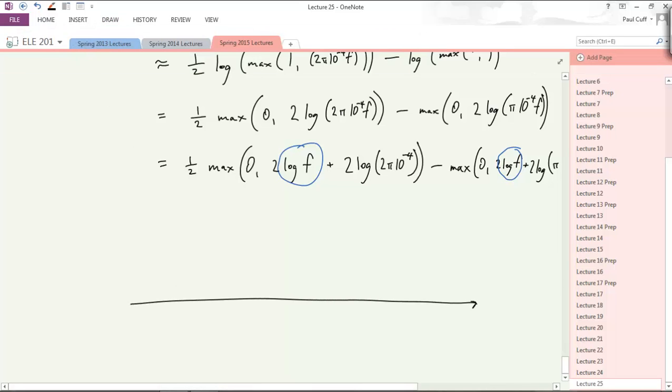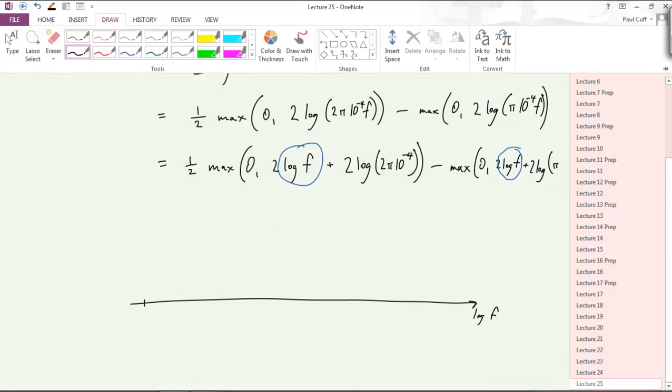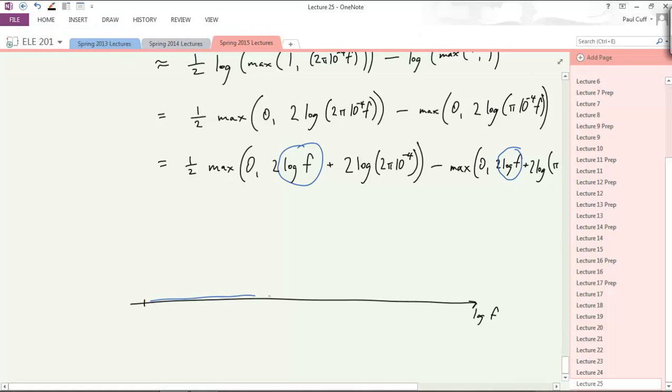So here is log f. Up to some point, we're going to have 0, the function. This first thing is a max of two things. It's a max of the 0 function and another function that's linear in log f.